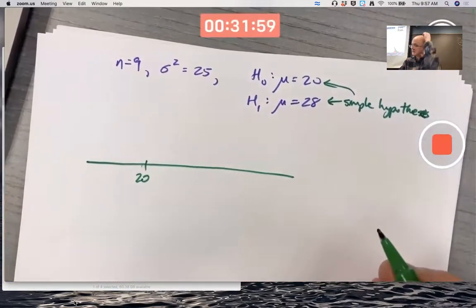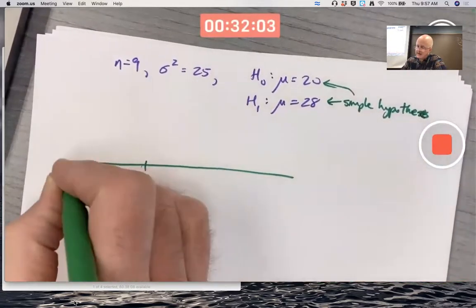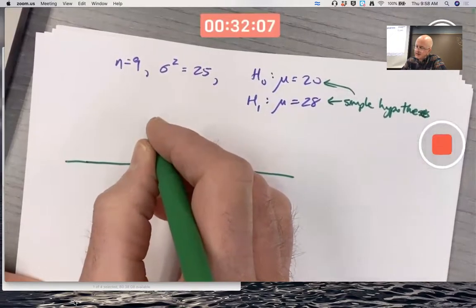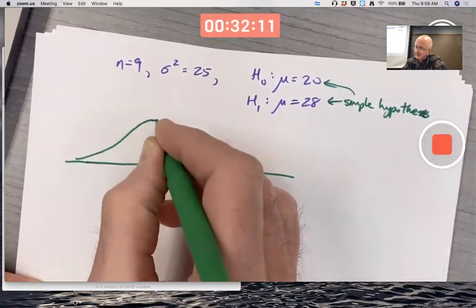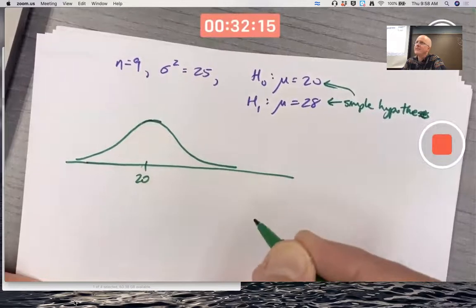If the null hypothesis is true, which we always assume when we're doing our hypothesis testing, then the sampling distribution of x bar is going to be centered on 20, and look like that, say.